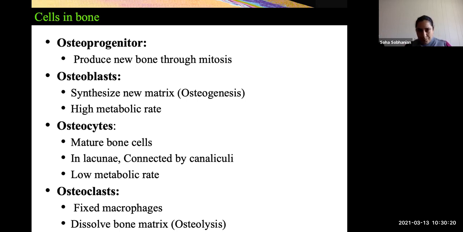That is not true. Are they as active as they are in children? The answer is no. Children are going to have much more active osteoblasts because they're starting to make bones and grow, basically. But in adults, you still have osteoblasts doing their job by taking the calcium from your bloodstream and depositing it into your bone.